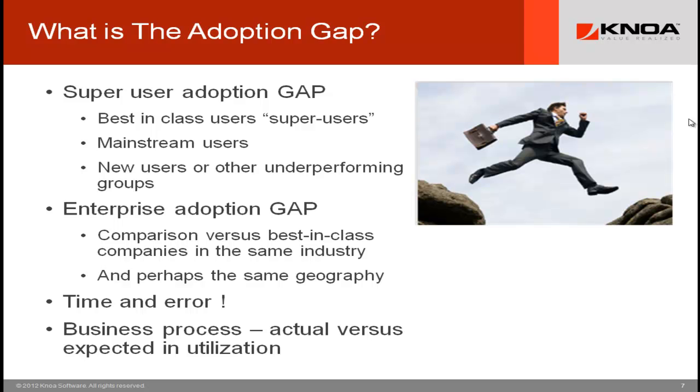And the first thing the technology will highlight is a view towards who on my team in this enterprise application that I'm looking at today really is a super user in terms of performance, in terms of efficiency, in terms of effectiveness. Who are my mainstream users? We love them, but they don't perform like these other users. And then where are the underperforming groups?